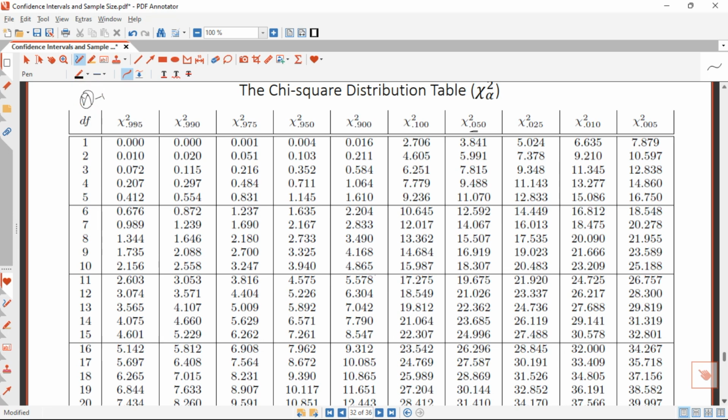And here is chi-square with an alpha of 0.995, 0.990, 0.975, 0.95, 0.9, 0.1, 0.05, 0.25, 0.01, and 0.005.